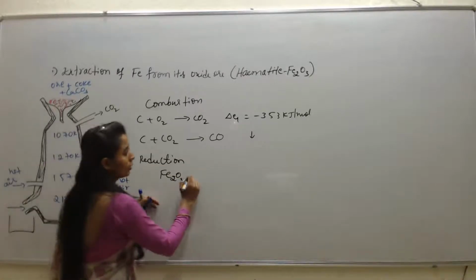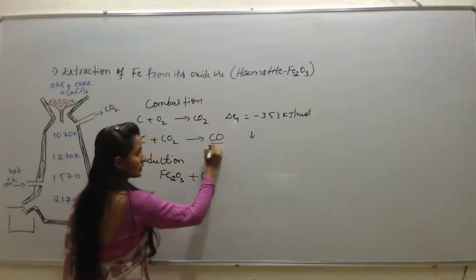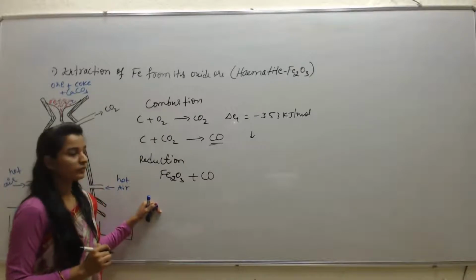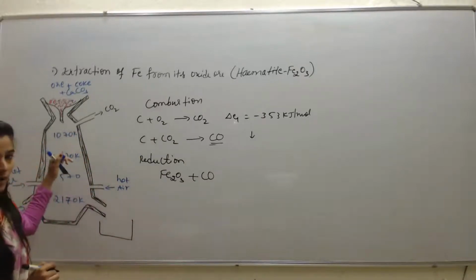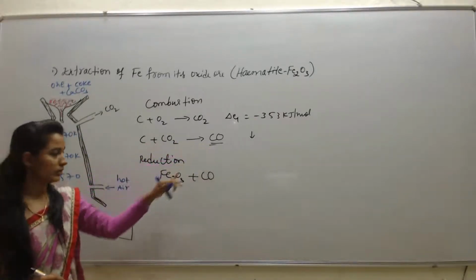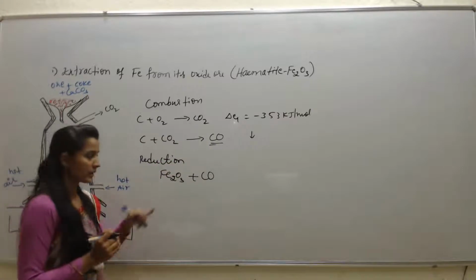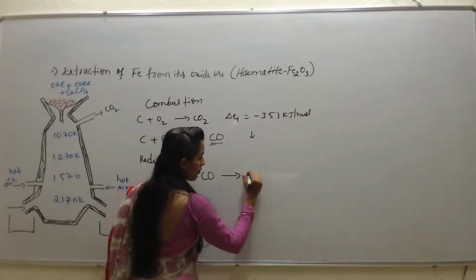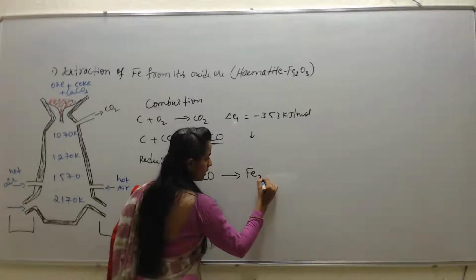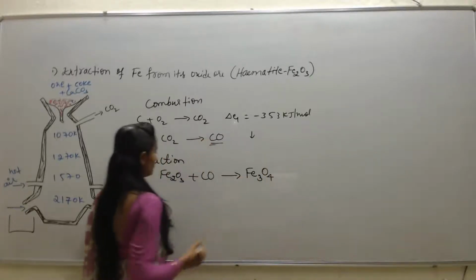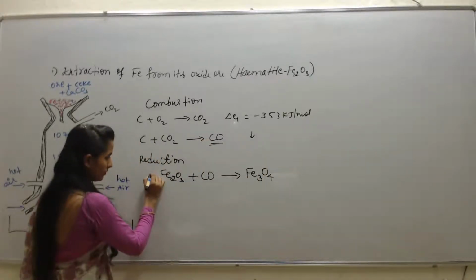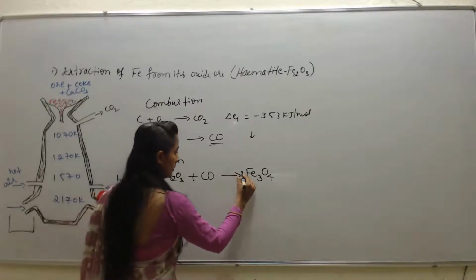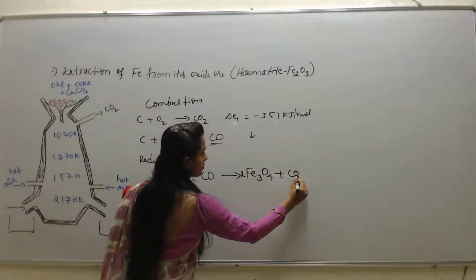This iron ore combines with carbon monoxide, which is formed here. Fe2O3 reacts with this CO and forms Fe3O4, here 3 times, here 2 times, plus CO2.